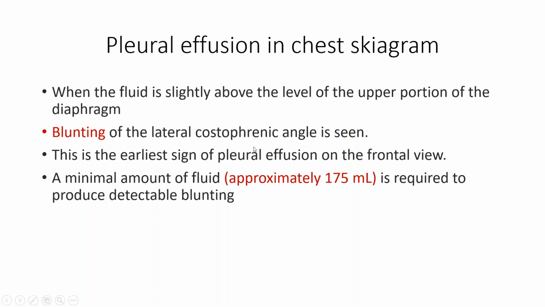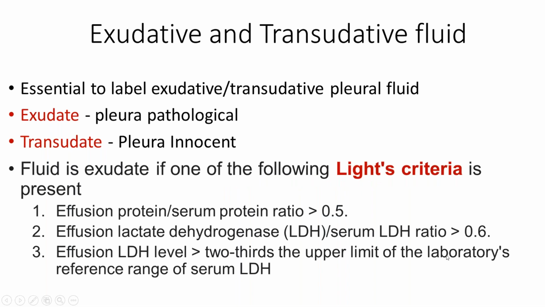If the effusion protein to serum protein ratio is more than 0.5, the LDH of fluid to serum is more than 0.6, or the fluid LDH level is more than two-thirds of the upper reference range of the serum.